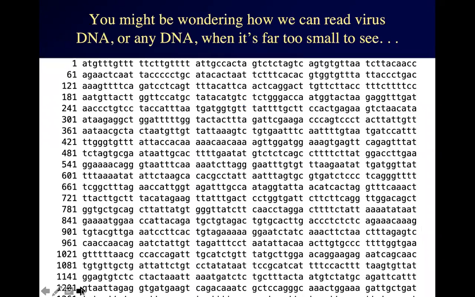Now, you might be wondering how it is we can read virus DNA when it's way too small to see. What you're looking at there is a little snippet of coronavirus DNA.